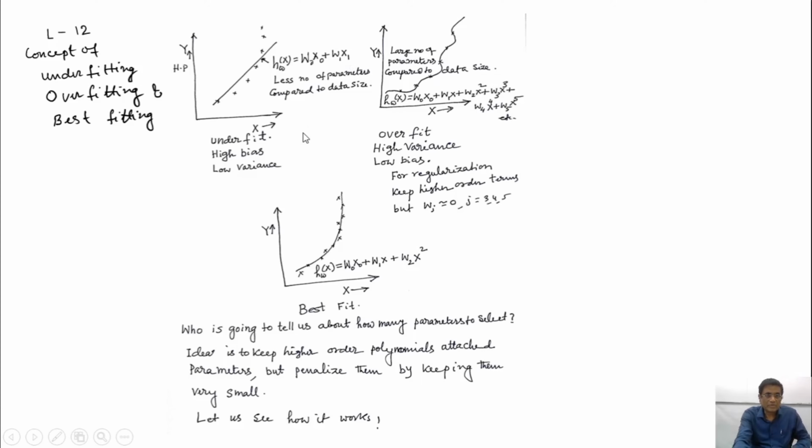So basically what we have done, we have incorporated less than required parameters. And then what will happen? So this is a perfect example of underfitting.